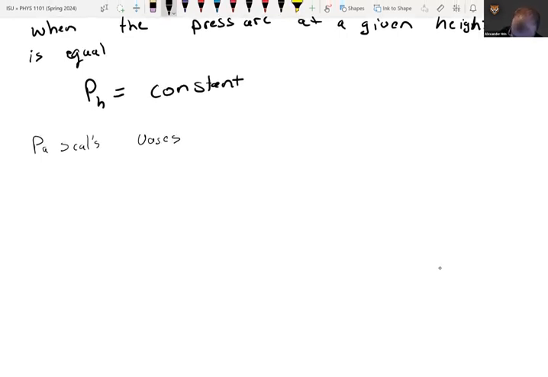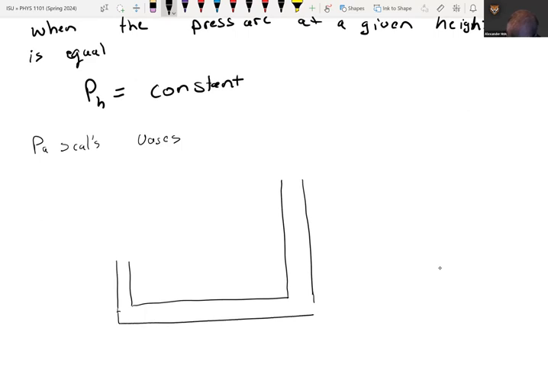With Pascal's vases, we'll have one side that's a tall cylinder with parallel sides. On the other side, we'll have a funnel shape.